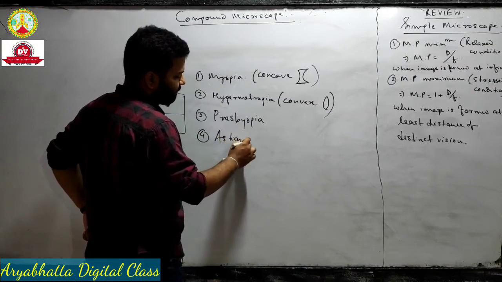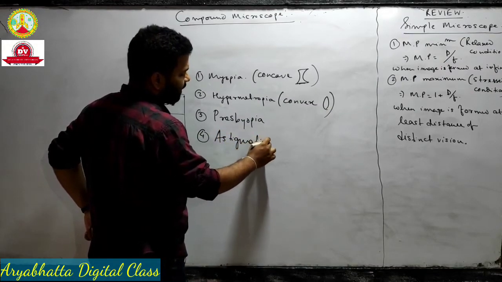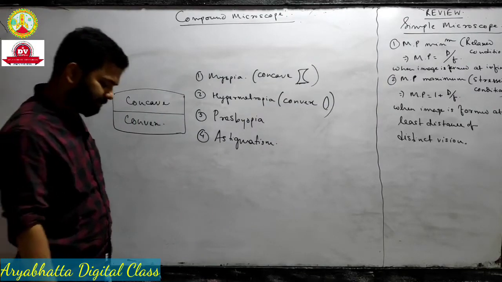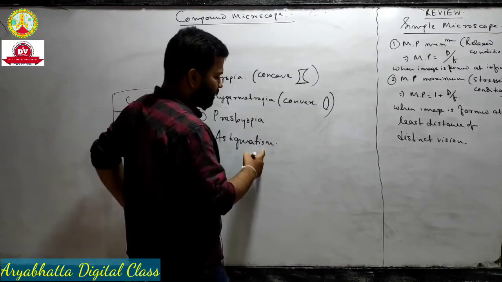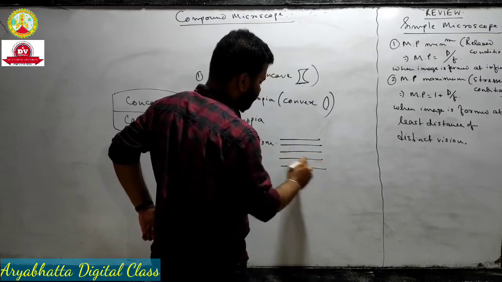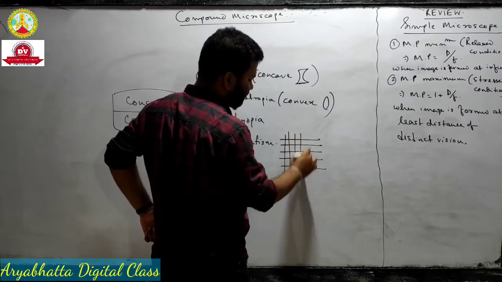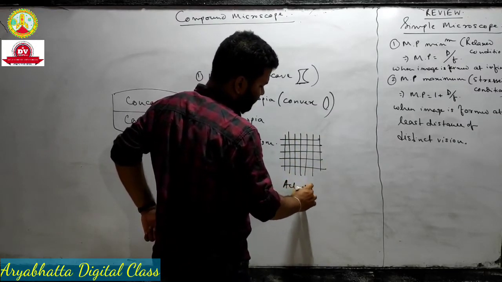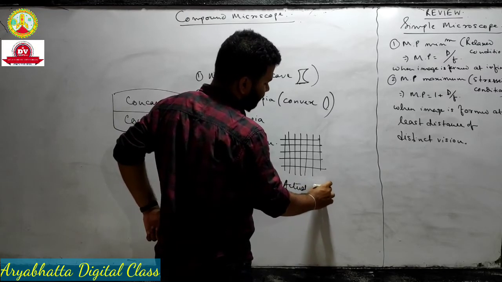This is a little new, astigmatism, okay? So if a person is suffering from astigmatism, then suppose the problem is like this. Suppose these are some lines like a graph paper. This is the actual view.